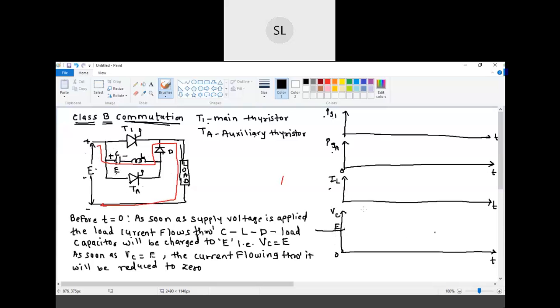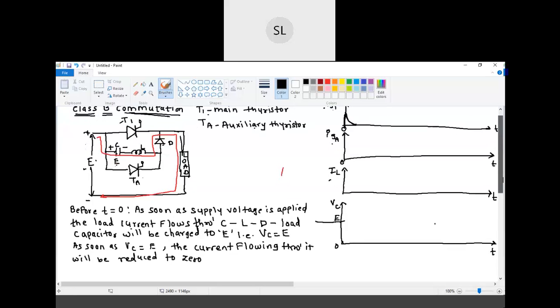Now at t is equal to 0, what we will do is we will apply triggering signal to thyristor T1. At t is equal to 0, we will provide gate pulse to this thyristor T1 so that it will be turned on. So once this thyristor is turned on, I'll draw the circuitry.